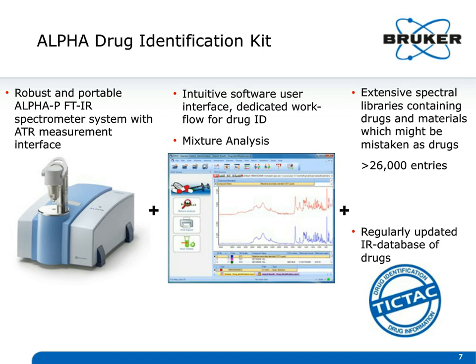In this case, the drug identification uses the Tic-Tac database of more than 26,000 drugs. These databases are accurate. They can also pick up, in this case, more than one component as shown by the image in the center, where you can identify the cutting agent and the active ingredient very quickly.